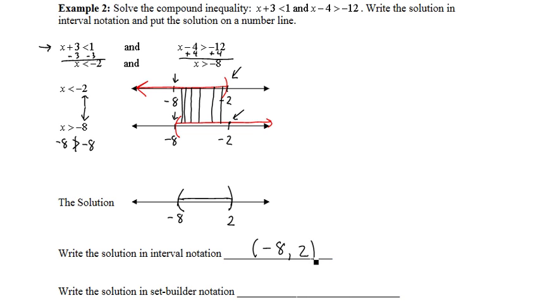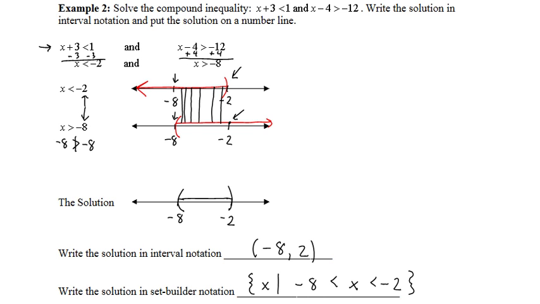That's interval notation. And in set builder, the set of all x's such that, and now here's a new way that I want you to write anytime you have an intersection between two numbers. You put the smallest number to the left, you put the biggest number to the right, you put your x in the middle, and the less than symbols go there.